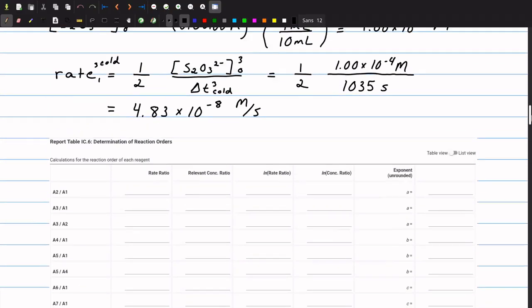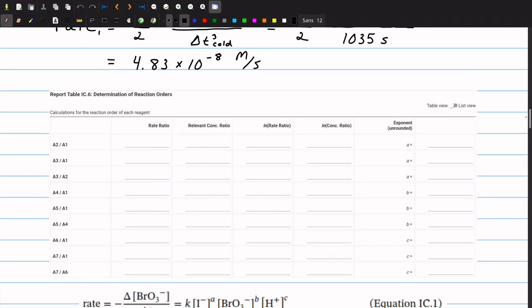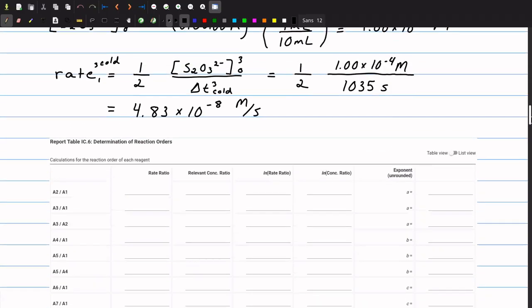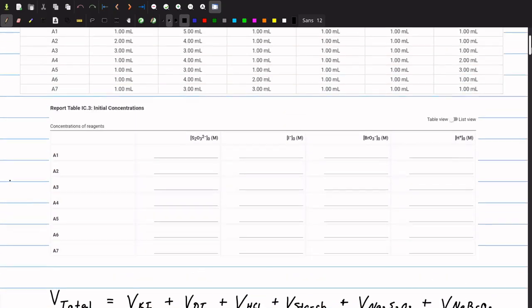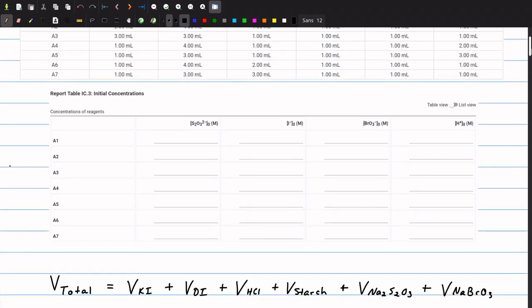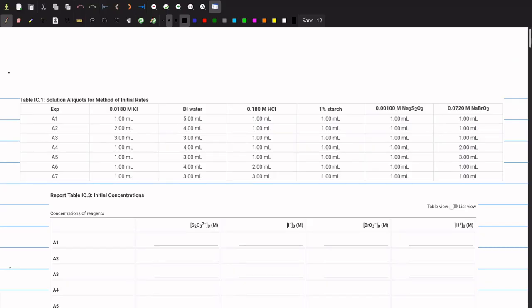And if we come back up here, for instance, we said A1, A2, A3 were all going to allow us to get to A. And we can see in our data that the KI, the source of our iodide here, was varied amongst those, and the other reagents were kept constant in those ones.